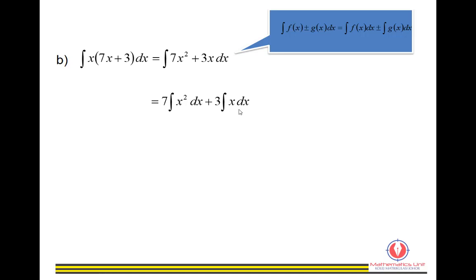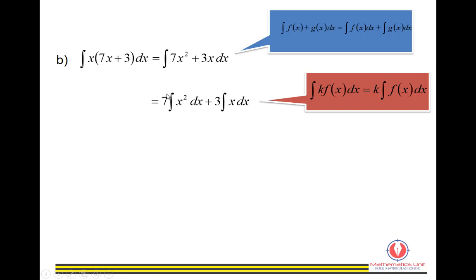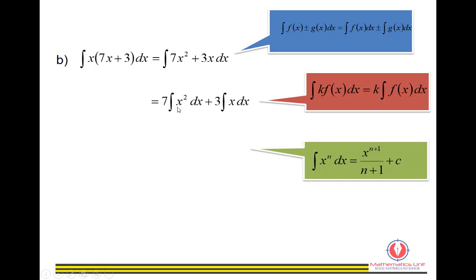By applying rule number 3, we can factorize 7 and 3 outside the integral. Next step, by using the power rule, we can integrate the first term as 7 times x to the power of 2 plus 1 over 2 plus 1 and integrate the second term as 3x to the power of 1 plus 1 over 1 plus 1 plus c. After that, we simplify the integration.